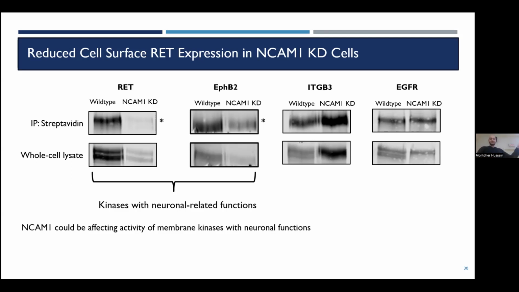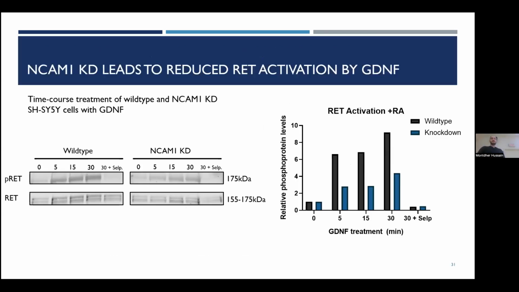So now that I'm seeing less RET at the surface, I asked the question, is RET still able to be activated? And so I used a time course signaling assay, where I treated cells with GDNF, which is RET's ligand, to turn RET on over a course of 30 minutes. And so we can see that with the wild type cells we can activate RET very rapidly, and there's a high level of RET expression.